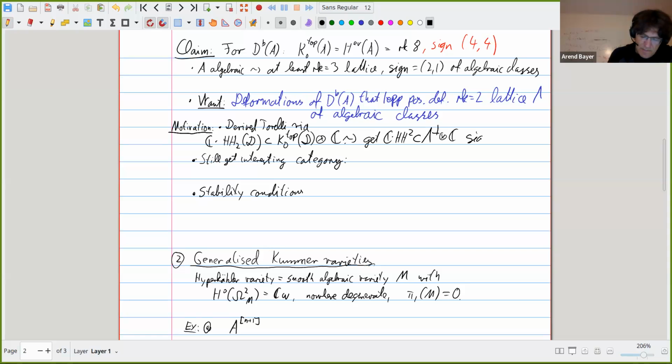which now has signature 2,4. And as anyone who has worked with Hodge structures knows, for signature 2,4 you get well-behaved moduli spaces of these Hodge structures.